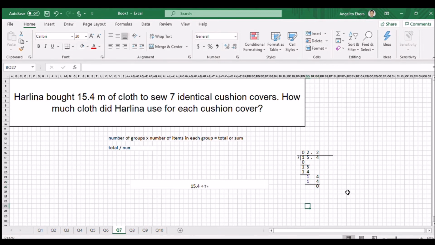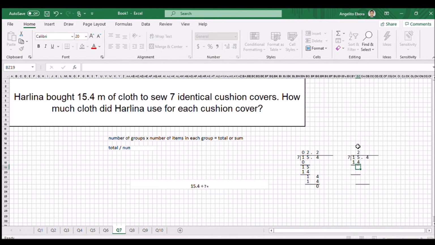Okay, so this one, I told you before. So you can use two digits to divide the number 7. So 15 divided by 7 is 2, which is 2 times 7 is 14.